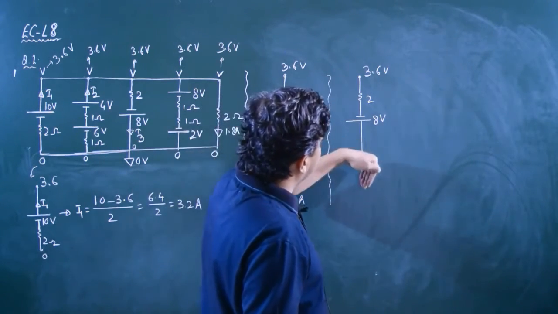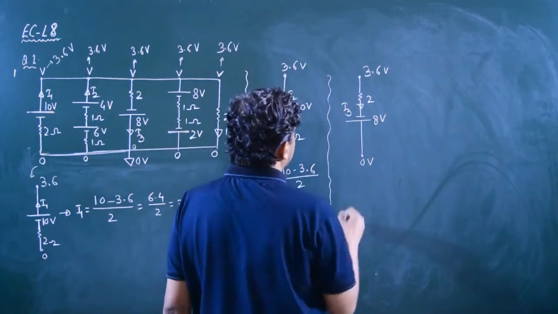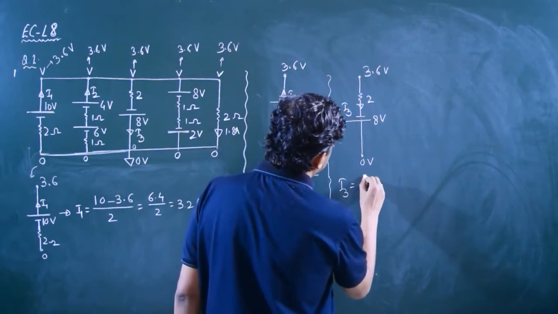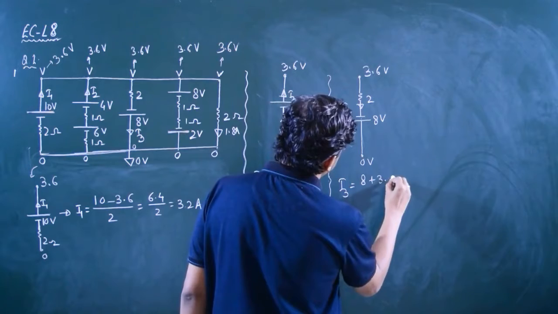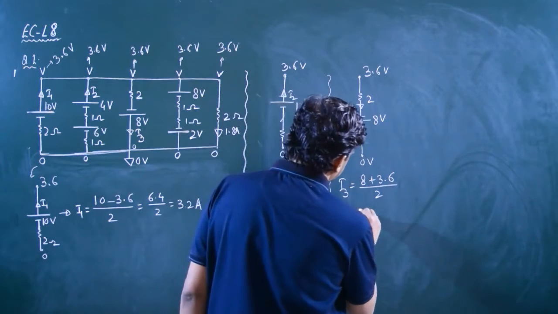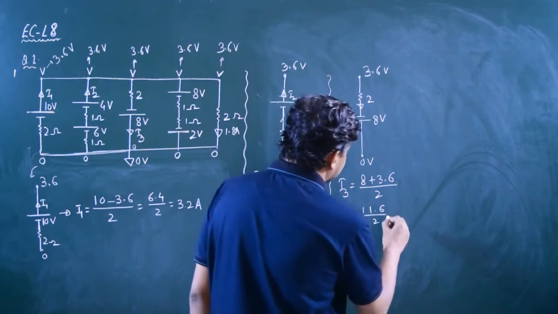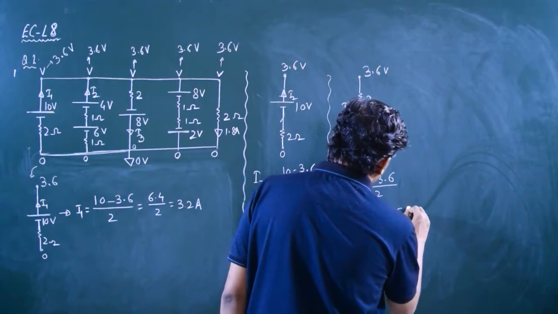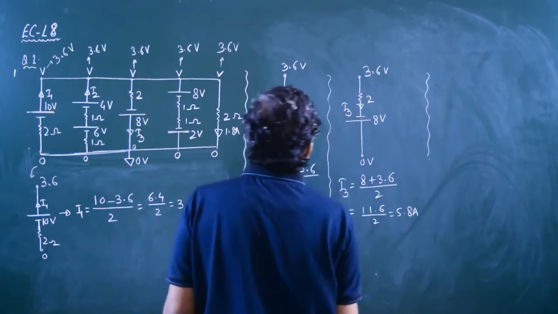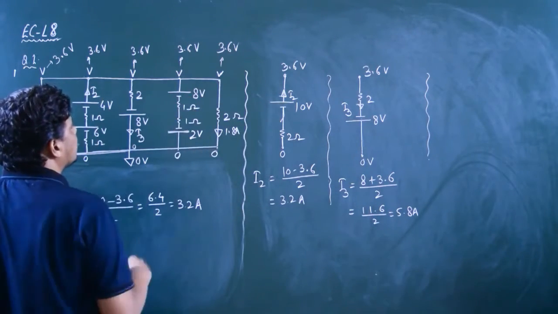See, both are throwing current in the downward direction. So here current in this arm is suppose I3. So these are of supportive nature. So this one is 8 plus 3.6 divided by 2. So what we get? 11.6 by 2, that is 5.8 ampere. So we get the value of I3.